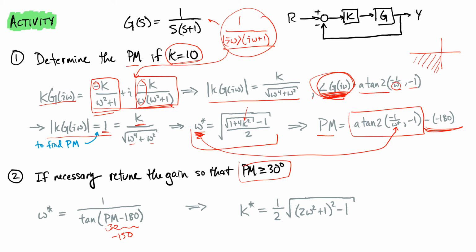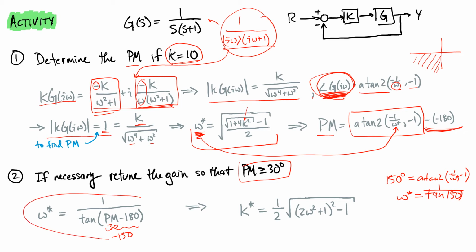So we can say that 150 is the phase that we want, equal to atan2 of minus 1 over omega, comma minus 1, and we rearrange that to get omega star, which in this case is equal to 1 over the tangent of 150.